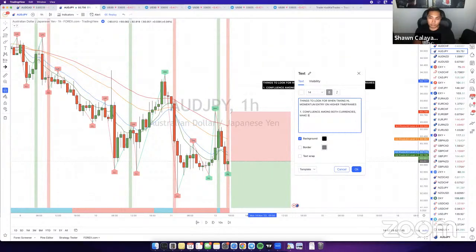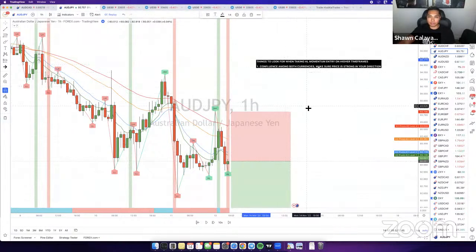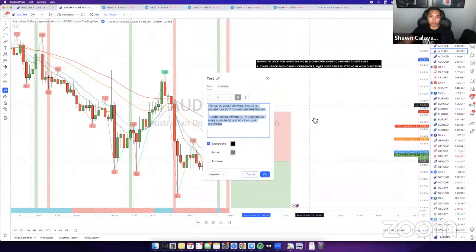I mean, that's pretty much it. There's not really much to look at here. The trend doesn't really matter too much because you're looking for strength in both currencies.